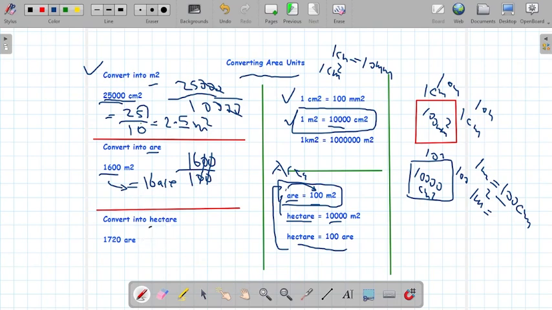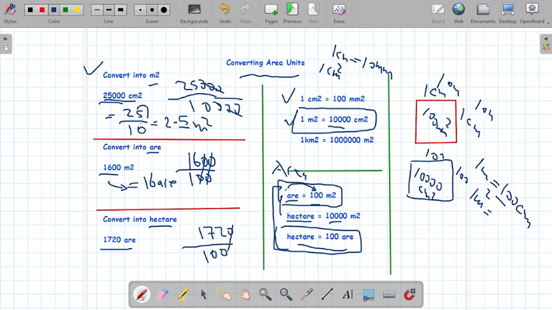Now let's try to learn how to convert to hectare. So I have this as R, and I need to convert it into hectare. I know that the hectare has 100 R. So what is the meaning of that? It means that when I convert the R into hectare, I need to divide by 100.